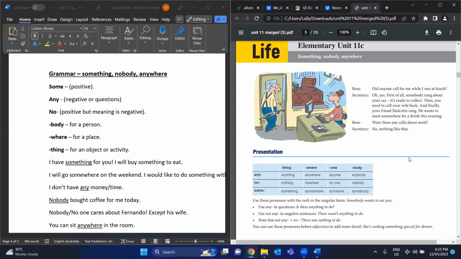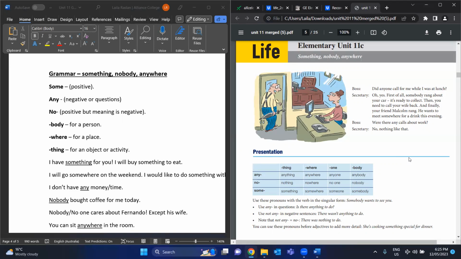So it's a past simple question. "Did anyone call for me while I was, not while I is at lunch, while I was at lunch," not while I am, while I was. She's asking a past simple question, because she came back from her break.